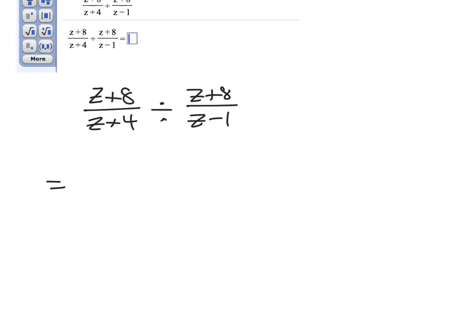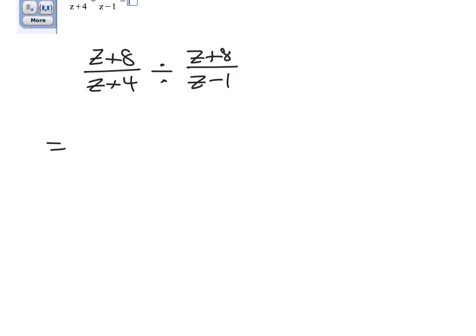Well, the rule for division is the first fraction stays the same, z plus 8 over z plus 4, and then that division symbol becomes a multiplication symbol, and then this fraction flips over, so we end up with z minus 1 over z plus 8.